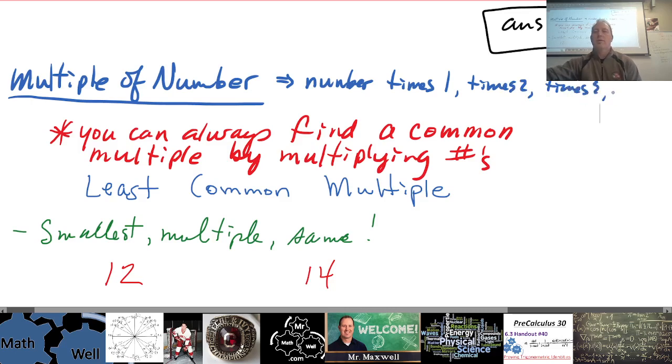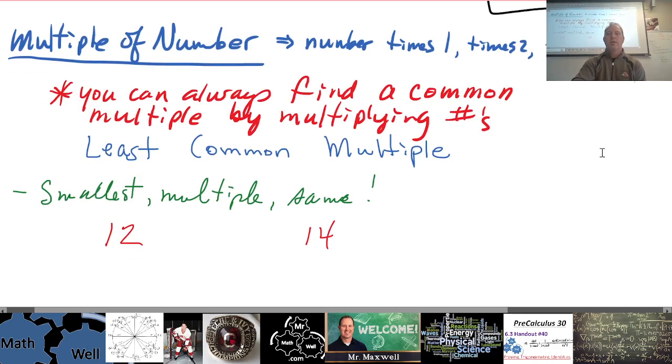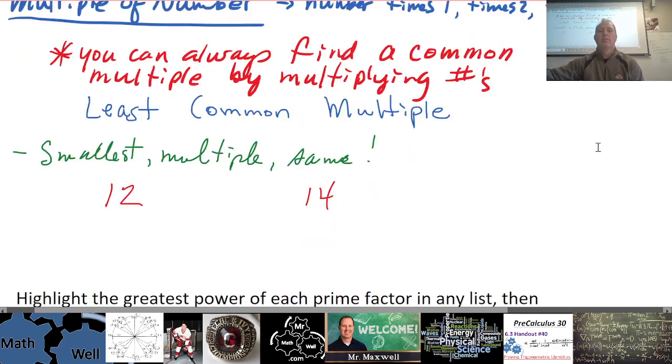So for example, the multiples of 12 would be 12, that's 12 times 1. Then 12 times 2 is 24. And 12 times 3 is 36. And then 48, and then 60, and so on, right?